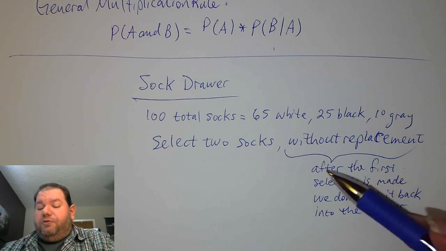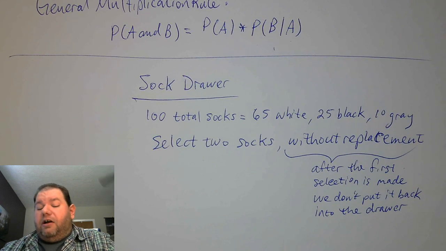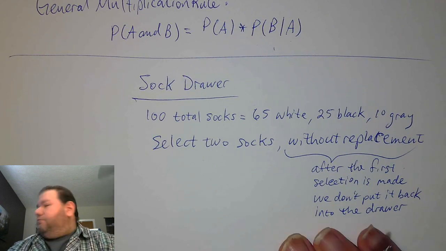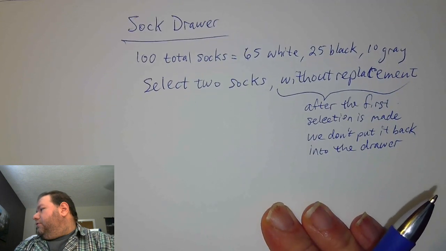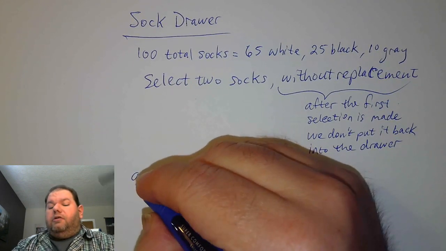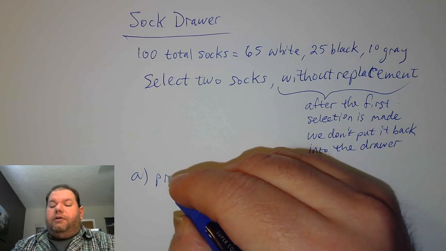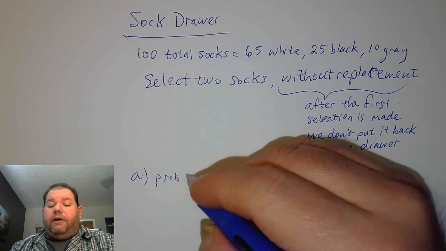So, we're doing this without replacement. We're selecting 2 socks at random. So, first scenario was the probability of selecting 2 white socks.